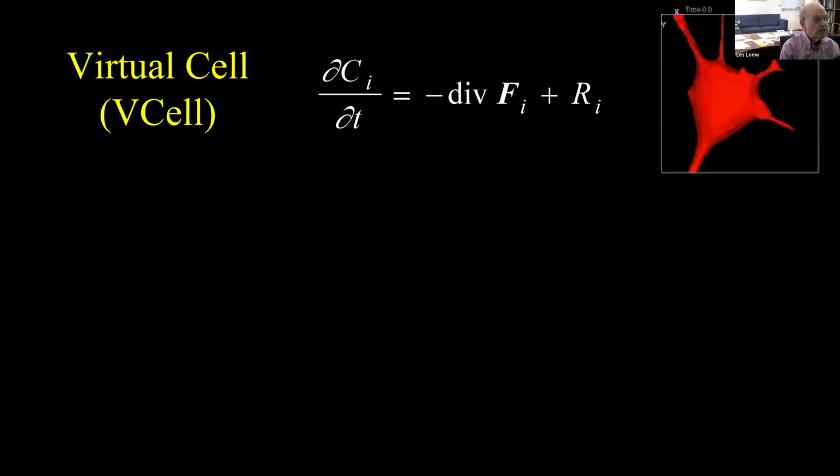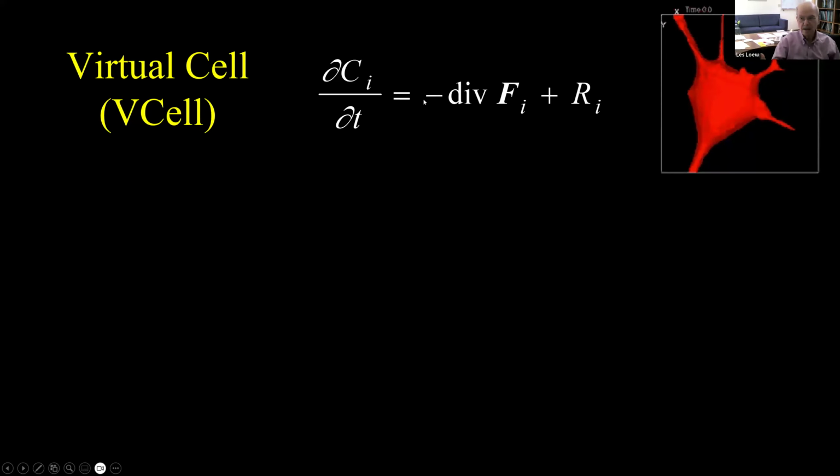Okay, so let's talk about Virtual Cell now. Virtual Cell does allow you to solve both for reaction kinetics, symbolized by R sub I, and diffusion, the divergence of the flux.